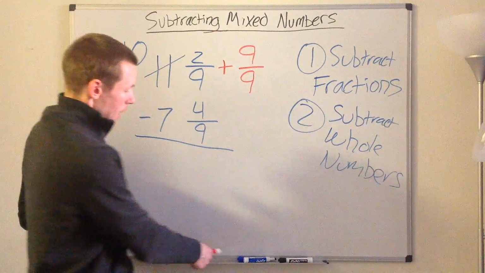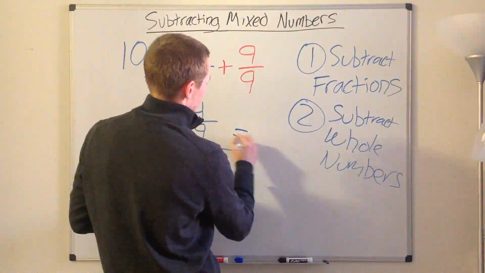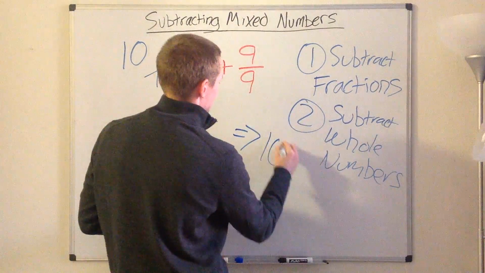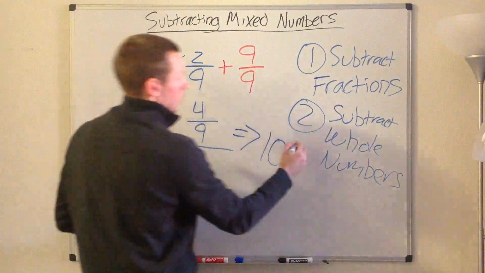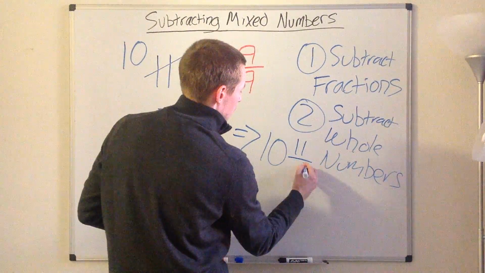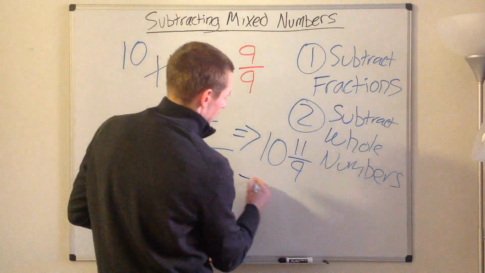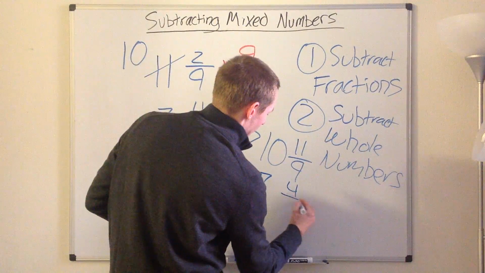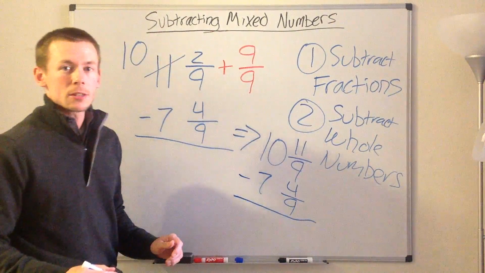So now our problem becomes 10, and now we have 11/9 minus 7 4/9.